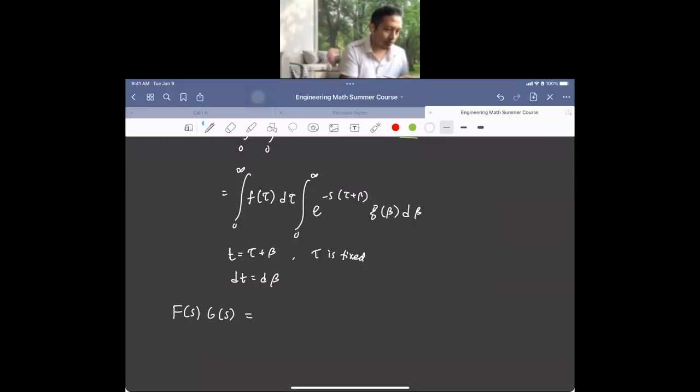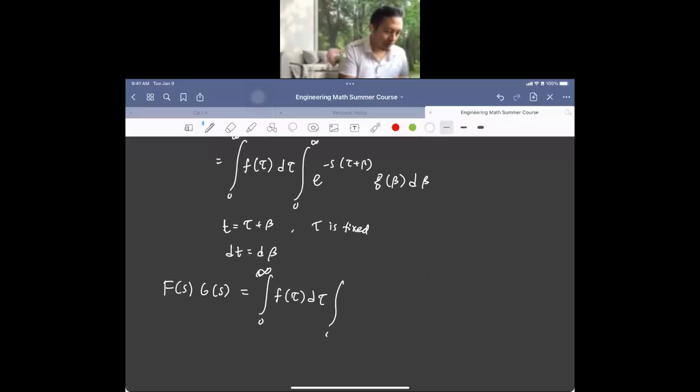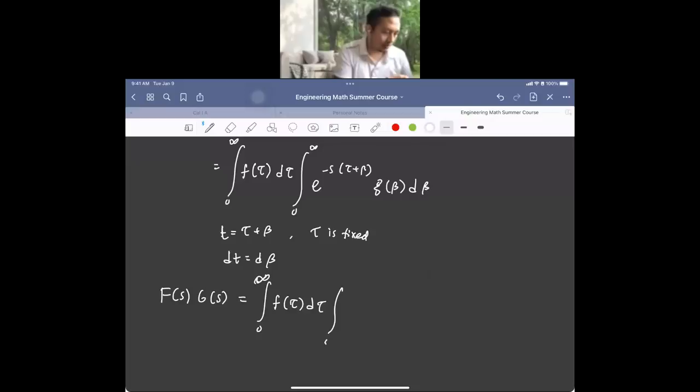So we can say that these multiplications will give f(tau) d tau, and this will be equal to, exchanging the limits, t will be tau, so from tau until infinity, of e to the negative s t, and then g(t minus tau).